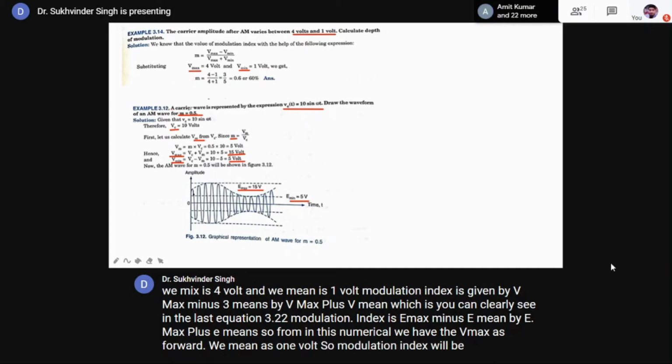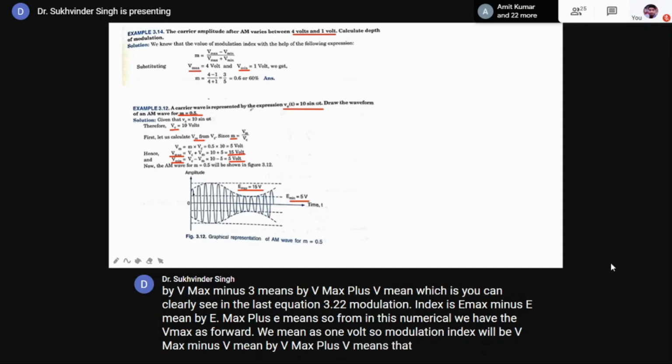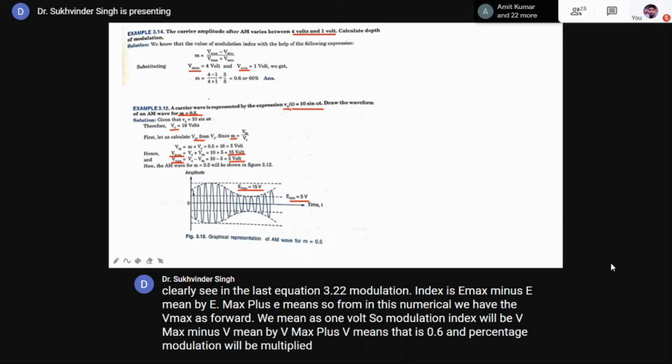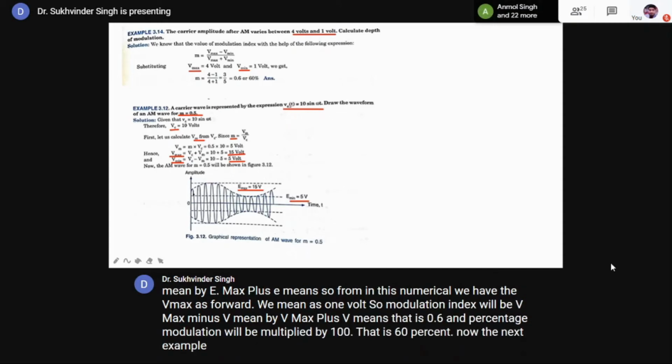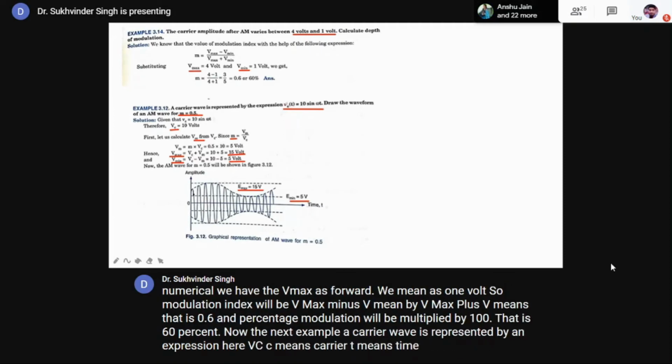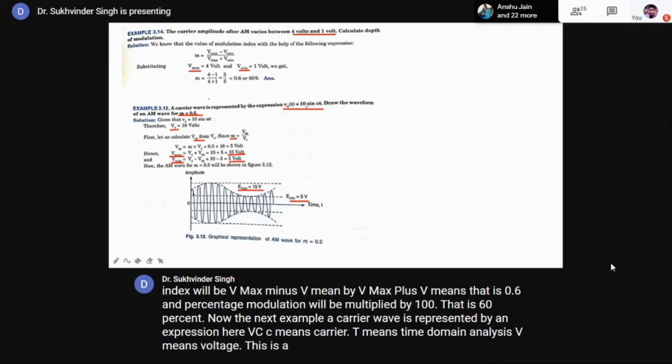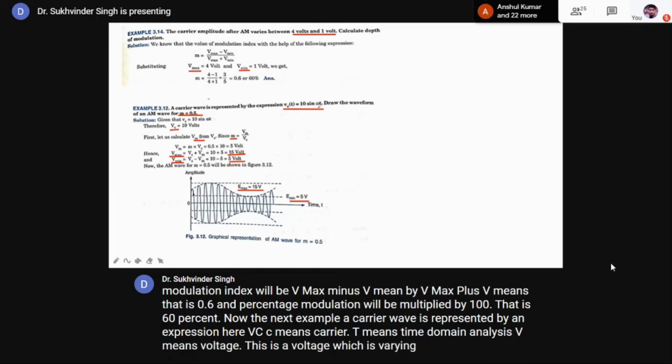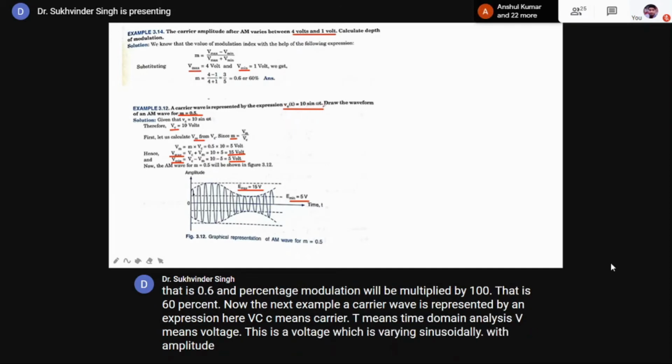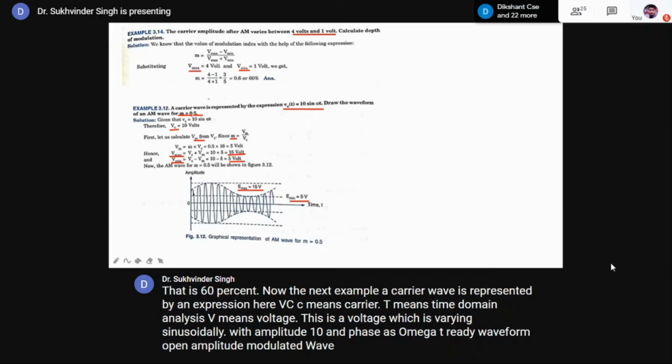Now the next example, a carrier wave is represented by an expression. Here VC, C means carrier, T means time domain analysis, V means voltage. This is a voltage which is varying sinusoidally with amplitude 10 and phase as omega t. Draw the waveform of an amplitude modulated wave for m is equal to 0.5.